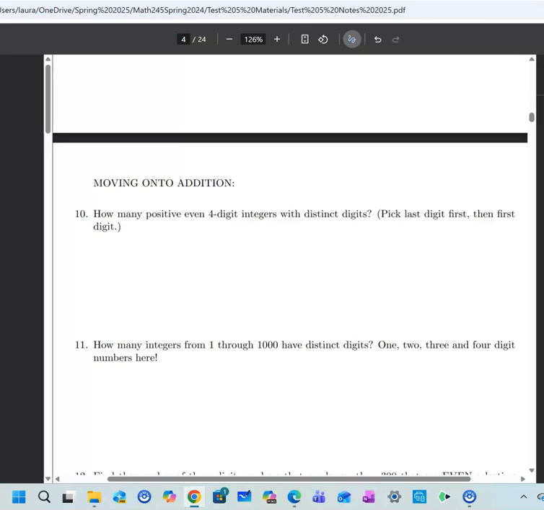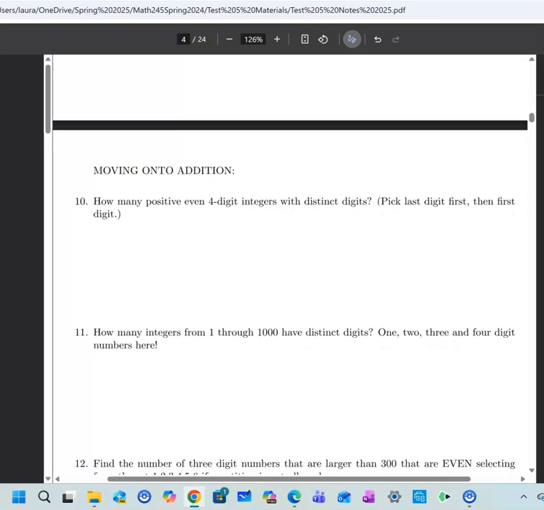Okay, so then here's where it gets a little trickier. When I want even numbers, maybe you're first thinking, I know this has got to be a 0, a 2, a 4, a 6, or an 8, right? Oh, 0. It's got that 0 thing. So I think we need to break it up into cases.